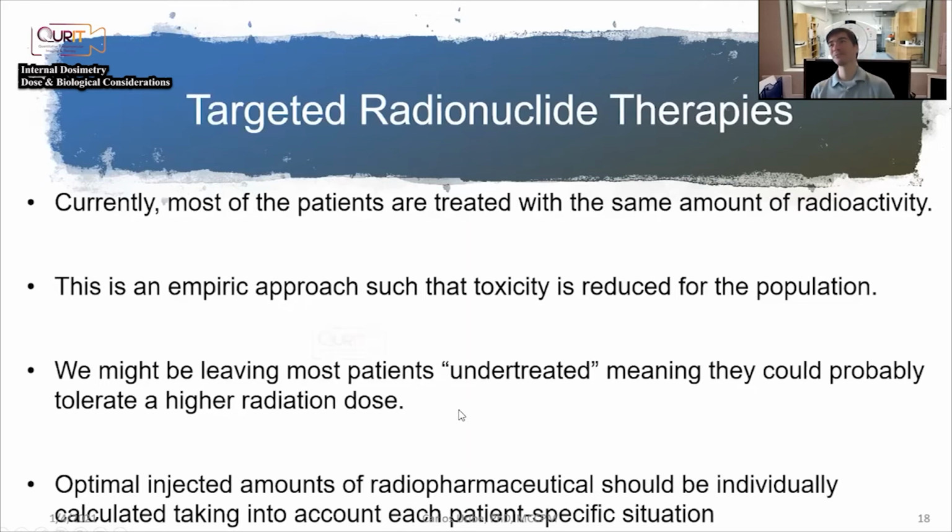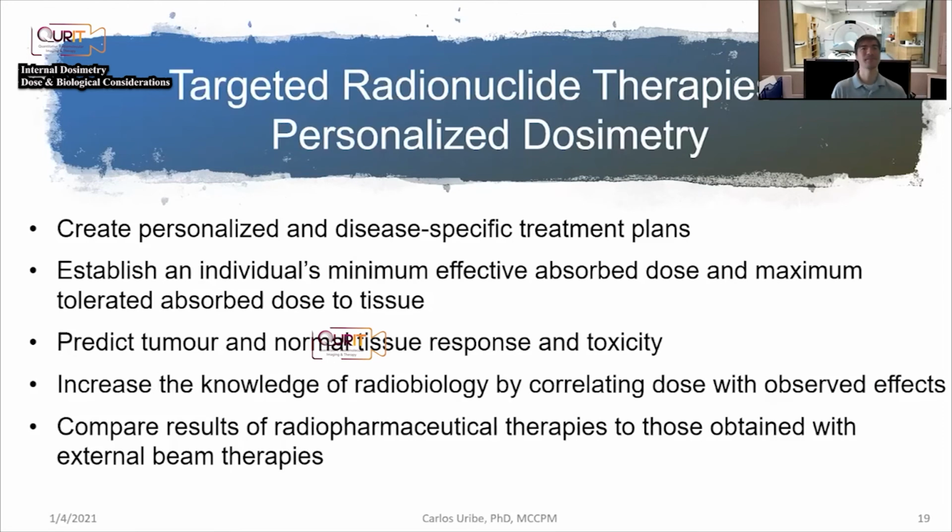Maybe some patients will be able to receive a much higher injection, and maybe the outcomes will be better. What I personally think is that optimal injected amounts of radiopharmaceuticals should be individually calculated, taking into account each patient's specific situation. And we're trying to get there, but there's still some path to go.